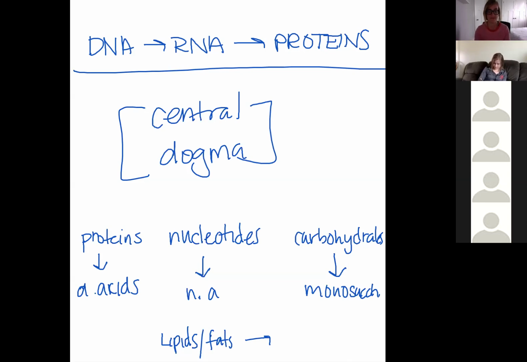Nobody knows. I find that very hard to believe, that nobody knows what the fundamental building blocks are. Sugars, lipids and fats, or sugars, carbohydrates? Yeah.